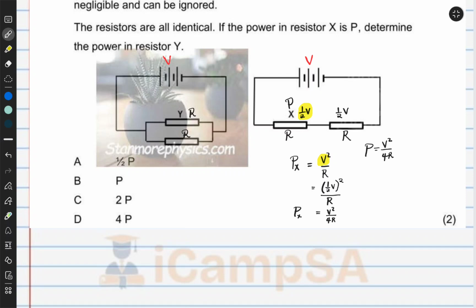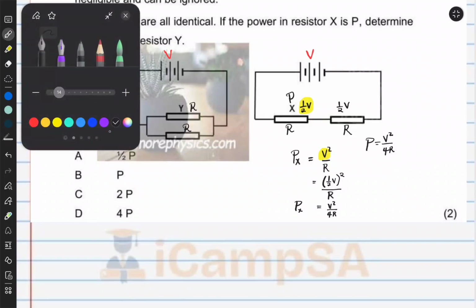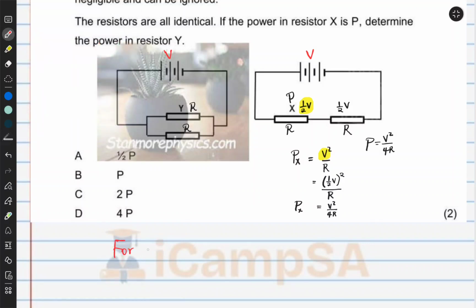So if we get to Y, remember, in a parallel circuit combination, the voltage will not be divided, but it will be the same for both resistors. So let's do this. For X, we have that P is simply V squared over 4R.